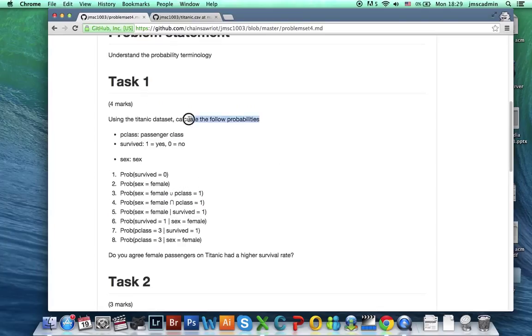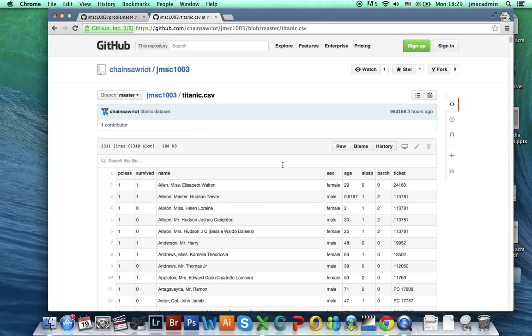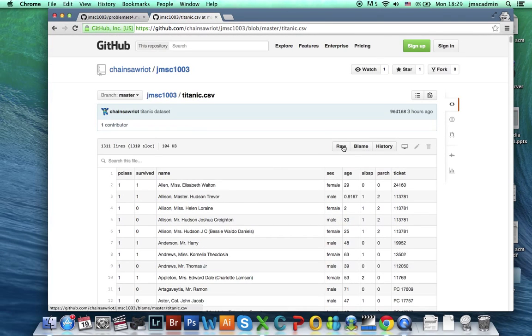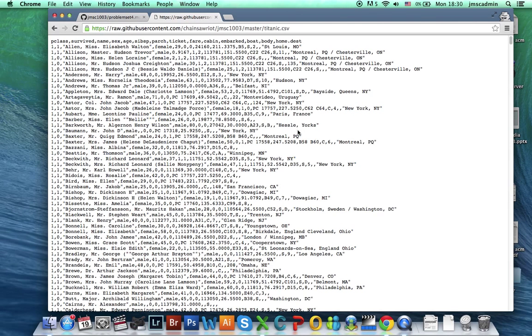Task 1, we will use the Titanic dataset. The Titanic dataset is also available in this GitHub repo, and you can download it like we did in the previous data.